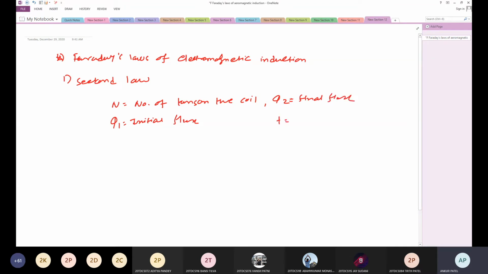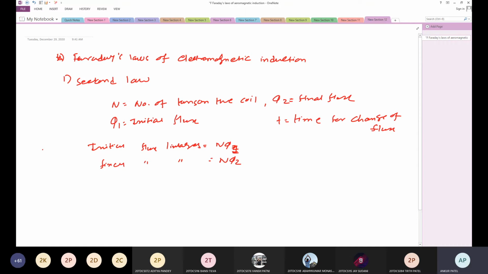And this is T, that is time for change of flux. Now initial flux linkages, that is N phi 1. Final flux linkages, that is N phi 2.